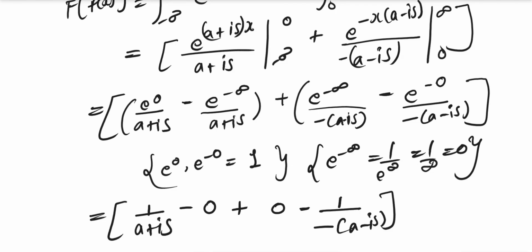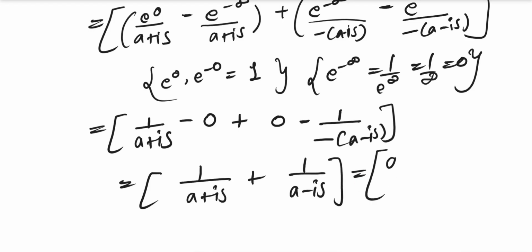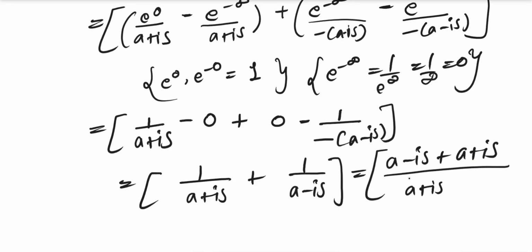So ये होगा is equal to 1 upon a plus iota s minus minus plus 1 upon a minus iota s. Now it is (a minus iota s plus a plus iota s) multiplied by (a plus iota s)(a minus iota s). There is a division and multiplication of a plus iota s and a minus iota s, जिसमें iota s से iota s cancel.